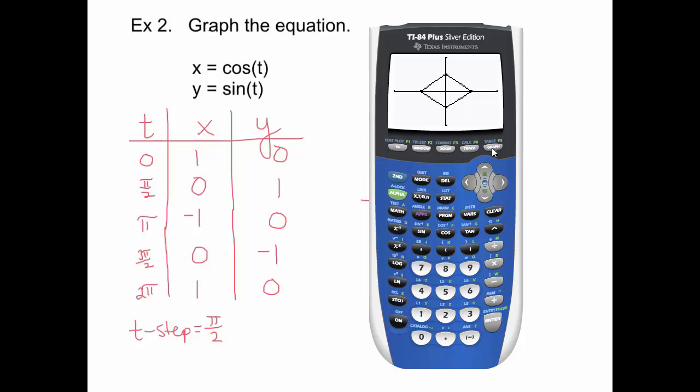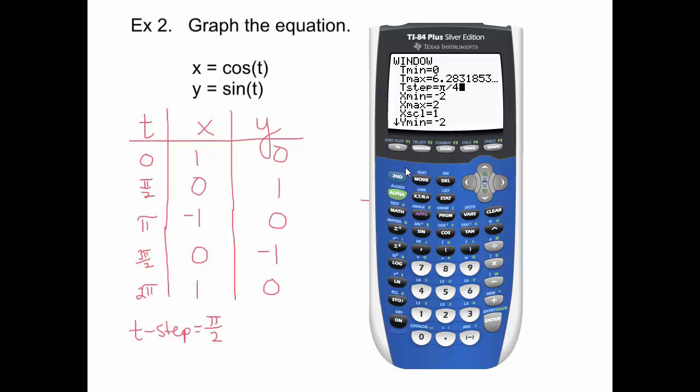But before we move on to other graphs, I want to play around with this t-step. So if I go back to my window here and I try, let's see, for my t-step, instead of graphing every pi over 2, what if I wanted more points, right? So think of it this way. The more points you put in a table, the more accurate your graph is going to be. So instead of pi over 2, let's do pi over 4.